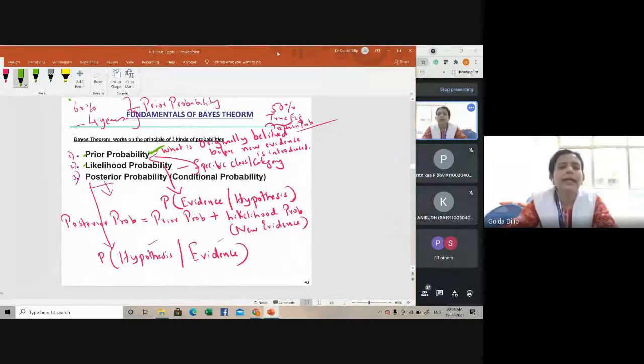Then the likelihood probability of being in a specific class or category. The last one is the posterior probability, which is also called conditional probability, which is derived from the prior probability and likelihood probability. So Bayes theorem works on these three kinds of probabilities.